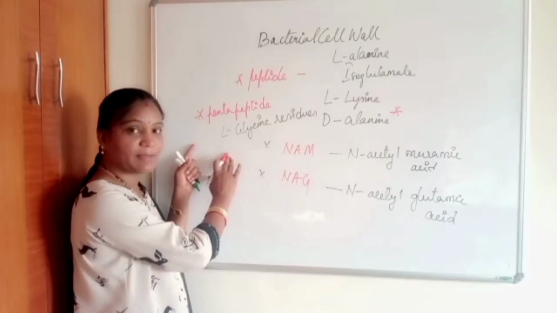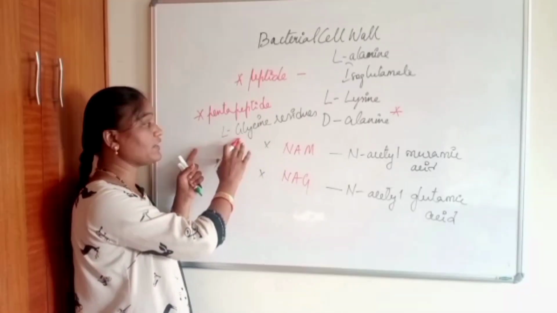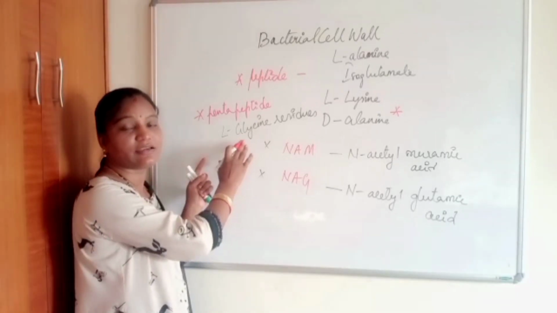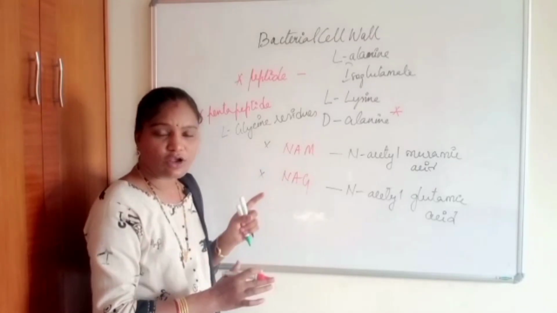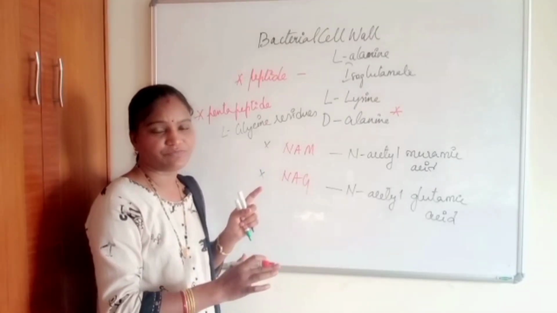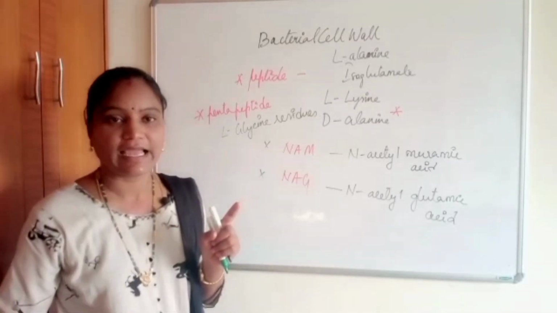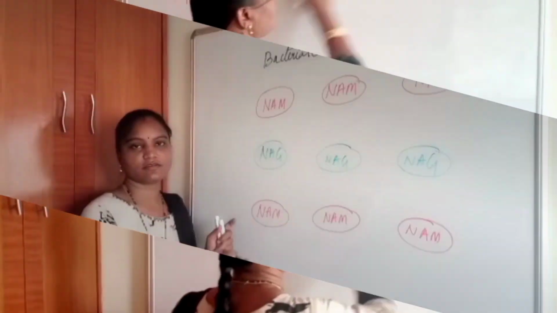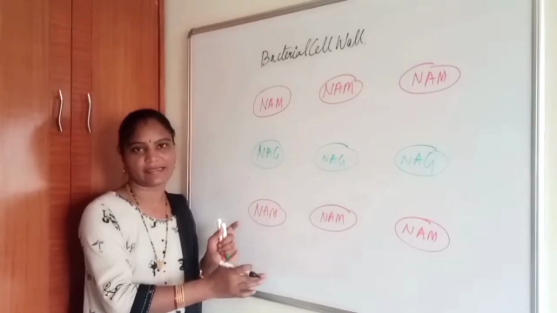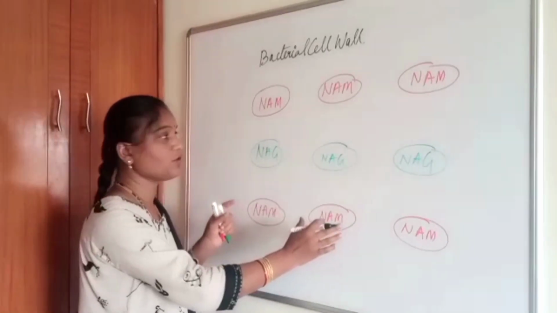One more pentapeptide linkage is present, that is 5 units of L-glycine residues. Now let us see how this cross linkage is formed and how this framework is arranged in your bacterial cell wall.